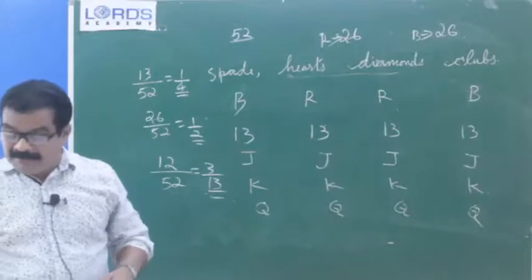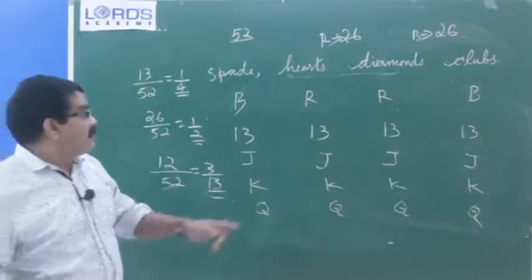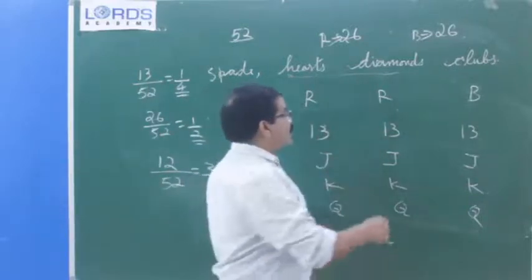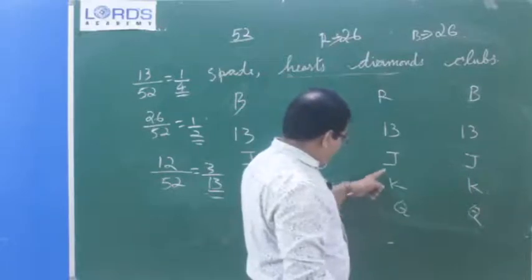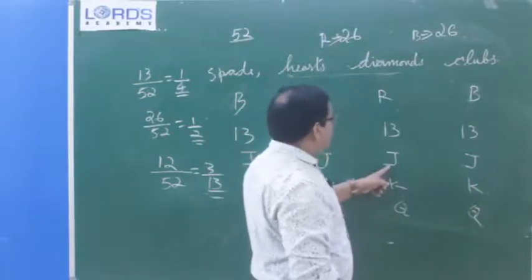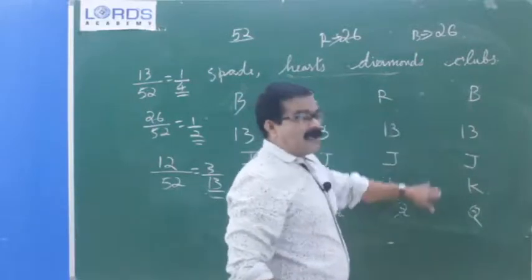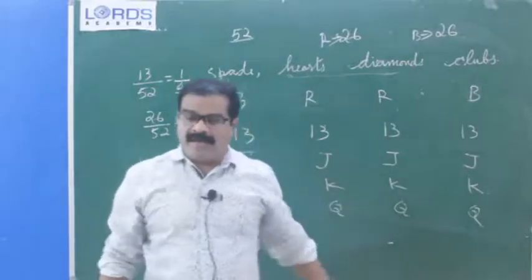In diamonds you can see that you get king, queen, jack, 10, 9, etc. up to 2, and the ace also.